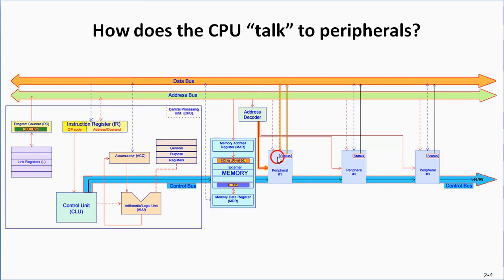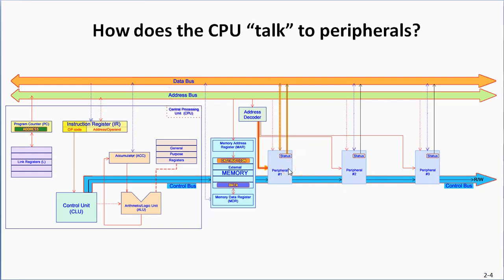That peripheral then will be the one to respond to the control read-write signals that are issued by the CPU, either to get stuff from the data bus and do something with it, or to produce data and drop it on the data bus. That is determined by whether the control signal from the CPU is a read or a write signal.